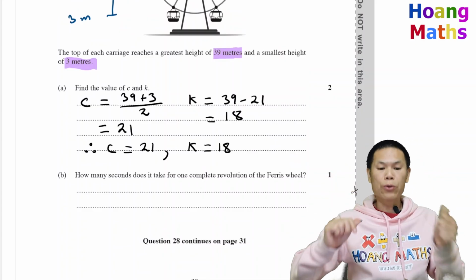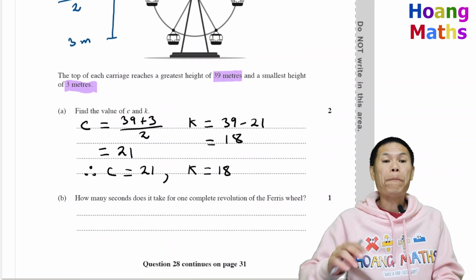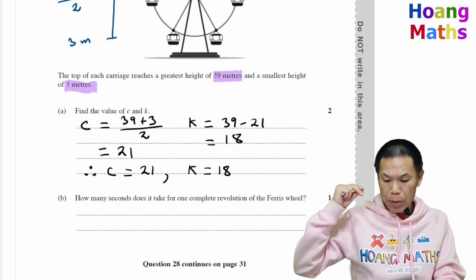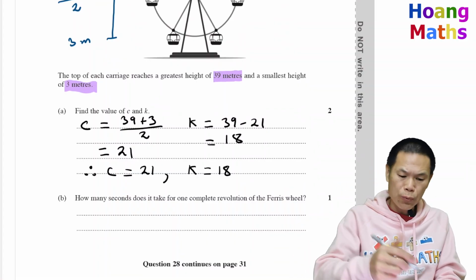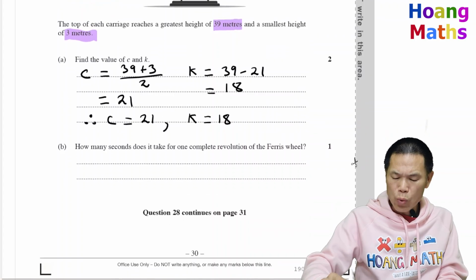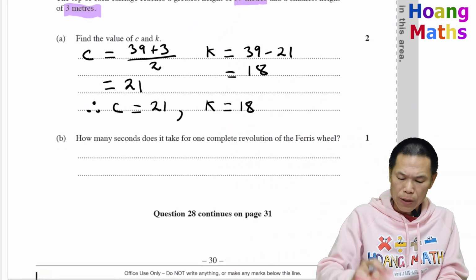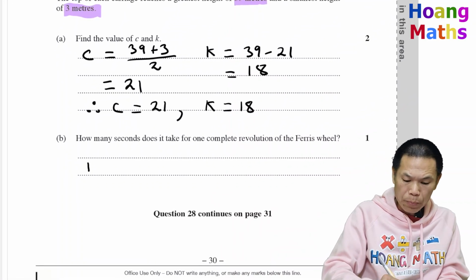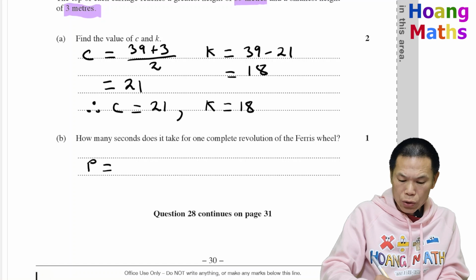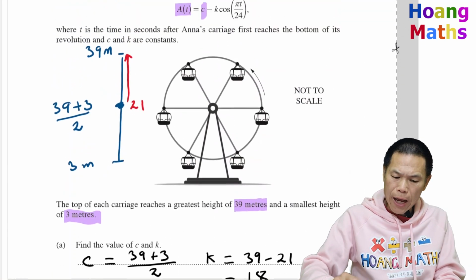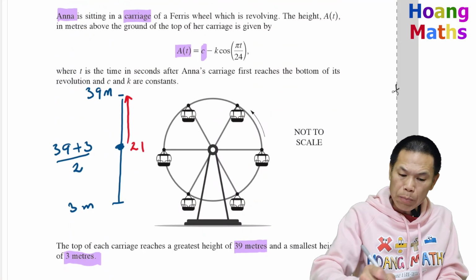So there you go. Part B. We need to find the period of this Ferris wheel. The period is one complete revolution. We know that the period P is 2π over n, and we know that n is π over 24.